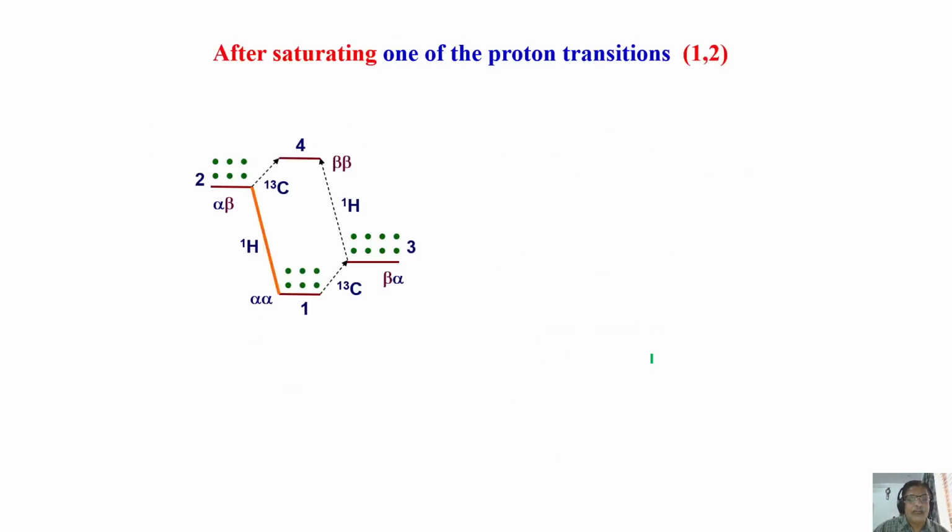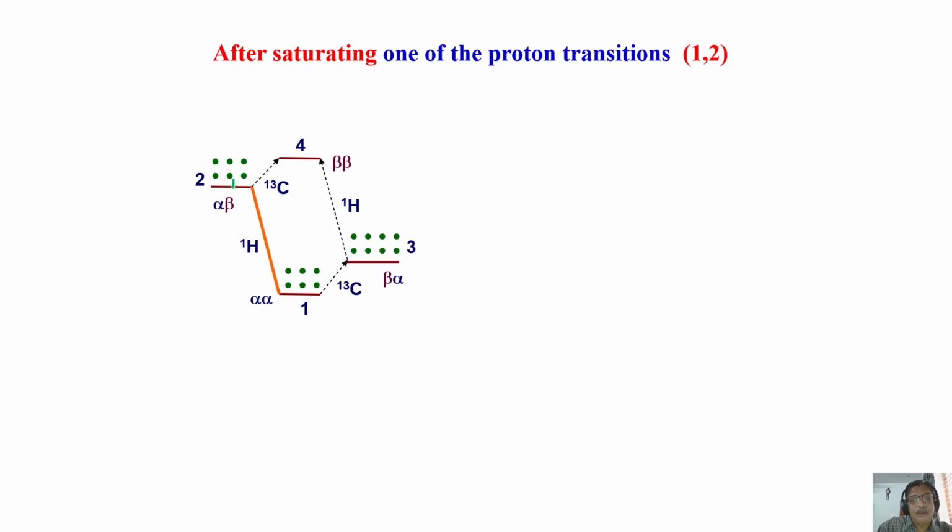We also observed what happens if I saturate one of them. We saturated this proton peak, because we are transferring magnetization from proton to carbon. So we saturate proton and see what happens on carbon. We saturated this signal, especially this peak.